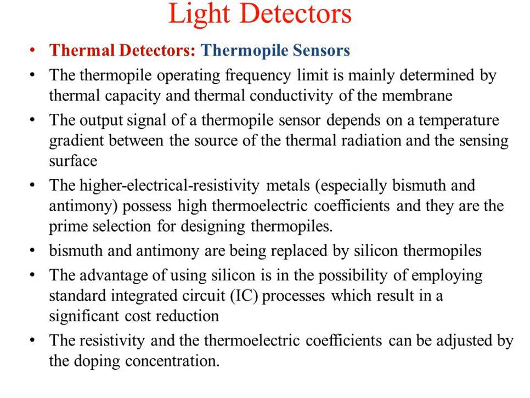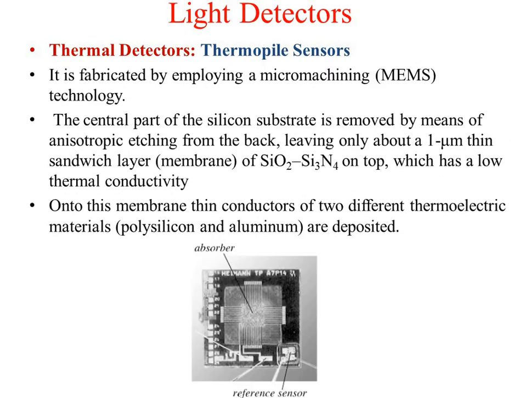The advantage of using a silicon type of thermopile sensor is the possibility of employing a standard integrated circuit. That means you can integrate it in ICs, and those ICs can be used for detecting light in the form of thermal detection. The resistivity and the thermoelectric coefficient can be adjusted by doping concentration. So if the doping is changed, obviously the resistivity and the thermoelectric coefficient will change. So this is the principle used here.